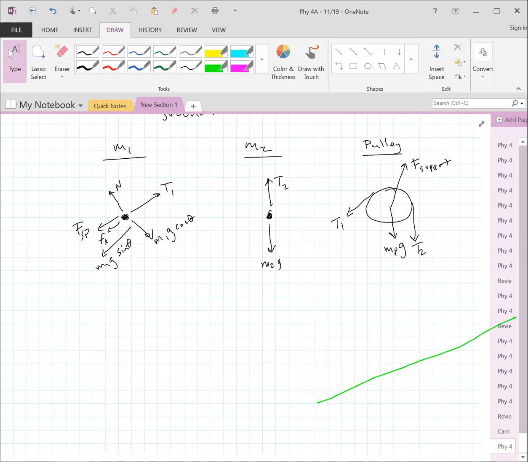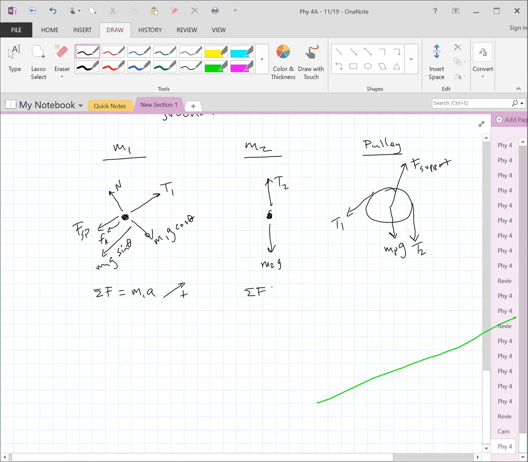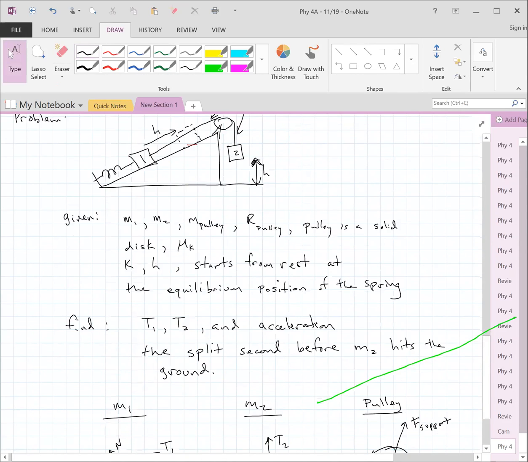Okay, so what do we do? For every mass, we say sum of the forces is ma. Pick a direction as positive. I'll pick up the incline as positive. What direction is positive for m2? Down has to be positive, right?